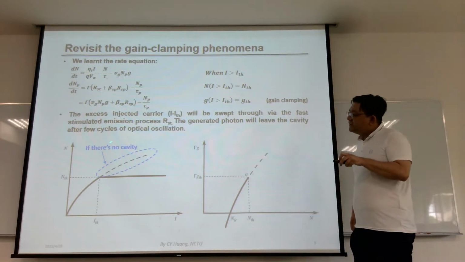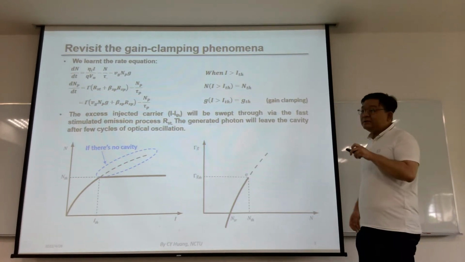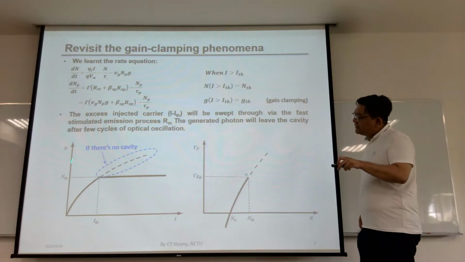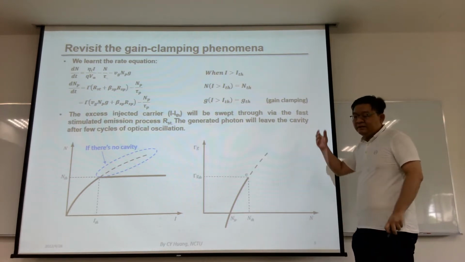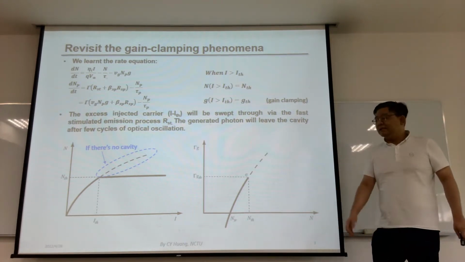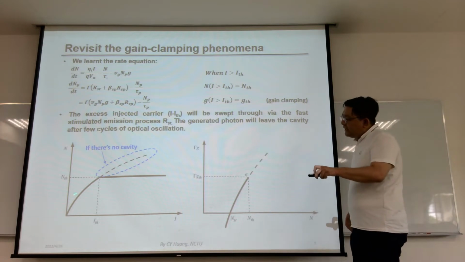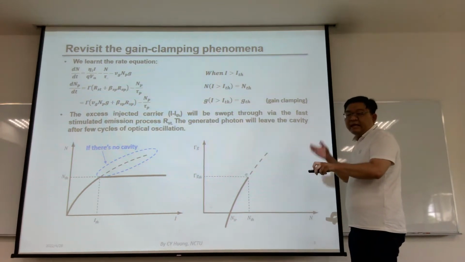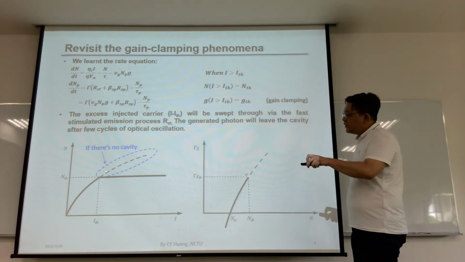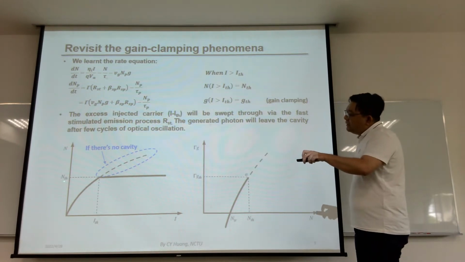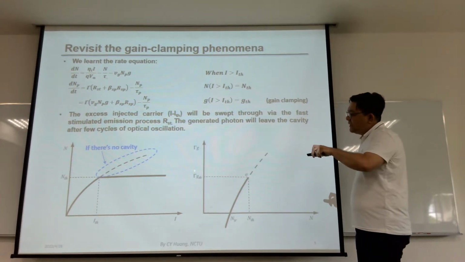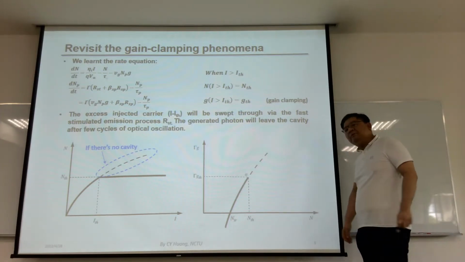If there's no cavity, then there's no lasing, and the carrier concentration versus I might look like something like this. But now we have a cavity, and the criterion of lasing is met. So when I reach I_TH, it is at the edge of the lasing action. And after that, the carrier concentration will be clamped to a specific value.